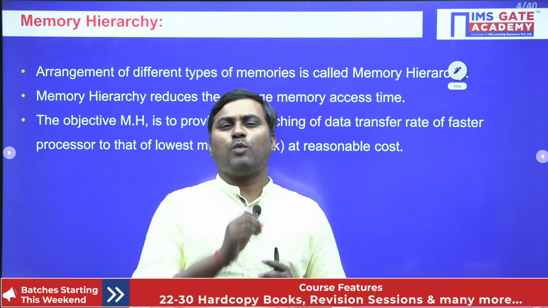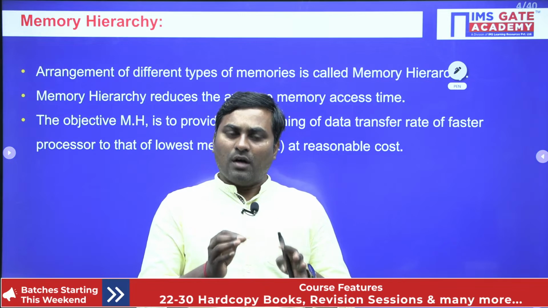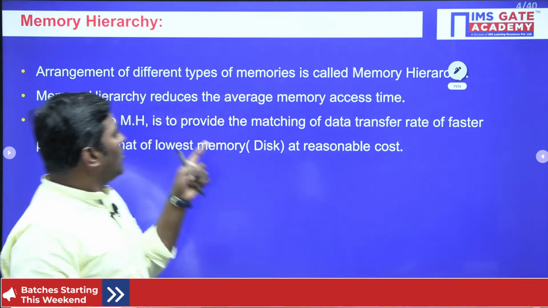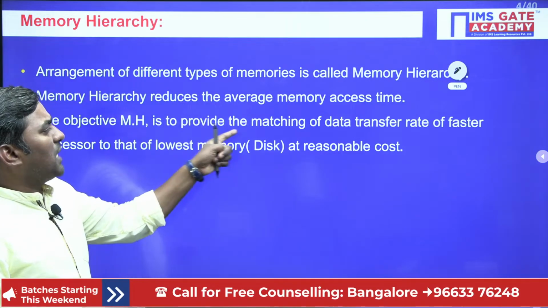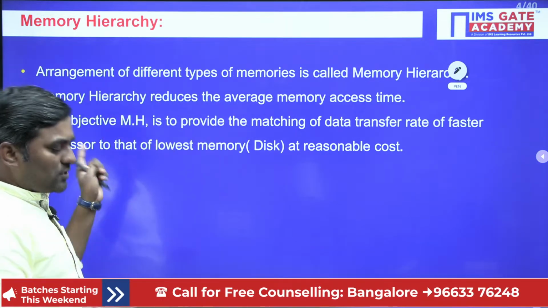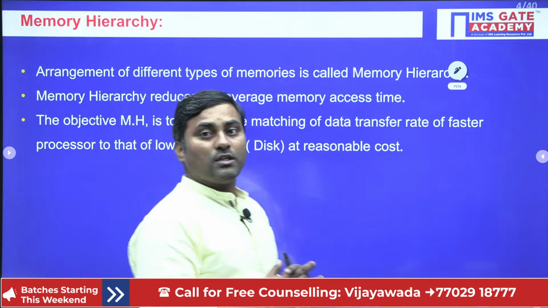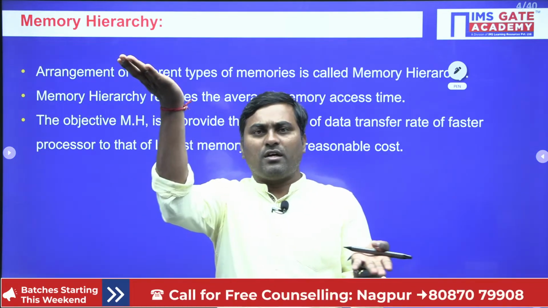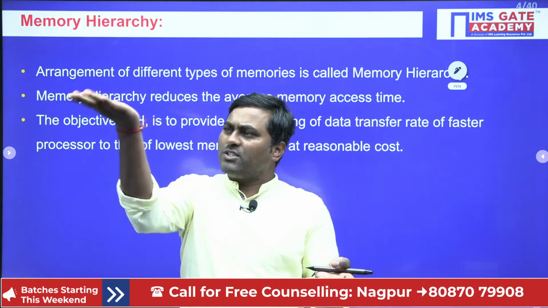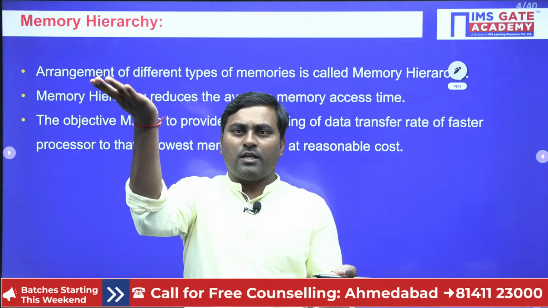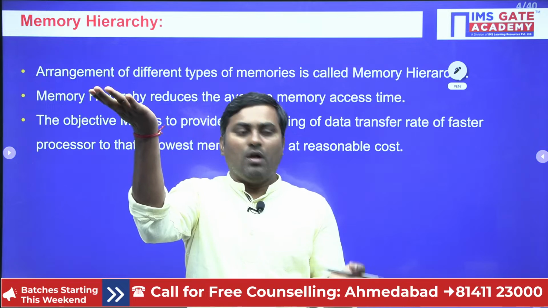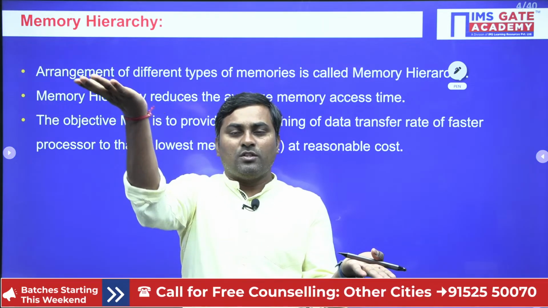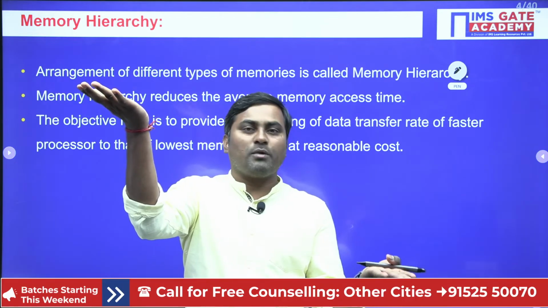The major objective of arranging the different memories into hierarchical form is matching the data transfer rate of the faster processor, that is the CPU, to that of the lowest level memory, that is the disk or secondary memory. The CPU is a pure electronic device, while the disk is an electromechanical device.